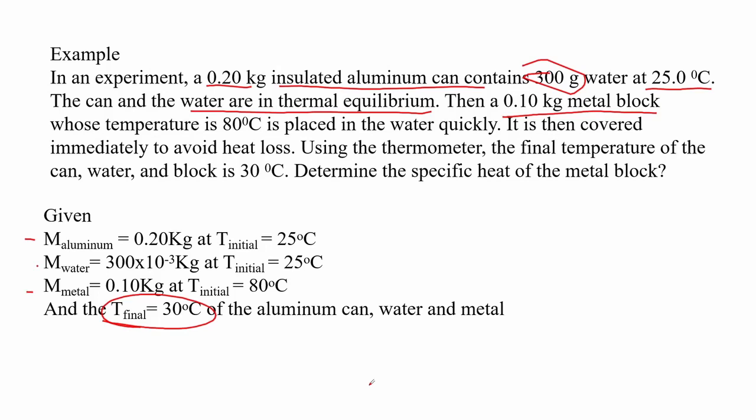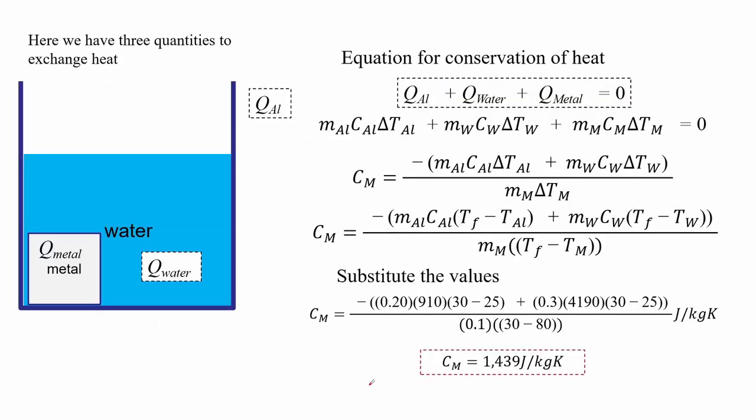Here we write the given values based on the problem and its conditions. We draw the problem and see that there are three quantities that interact by exchanging heat. We then write the equation for the conservation of heat energy. These three quantities are the Q from the aluminum can, the Q from the water, and the Q from the metal block, which has a higher temperature compared to the can and water.